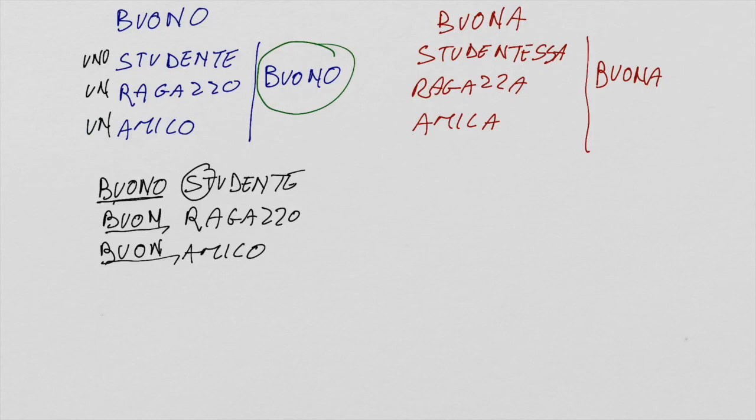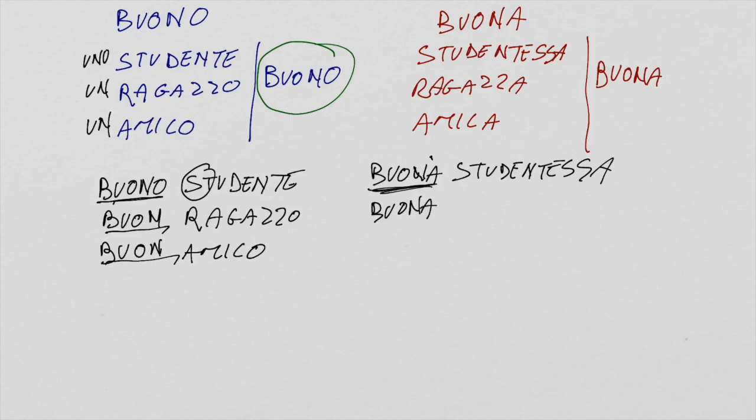Okay, now let's see when we place buona in front of studentessa, ragazza, and amica. Buona doesn't change in front of studentessa. Why? Because buona works in front of all feminine nouns starting with a consonant. So it will be the same thing, buona ragazza.